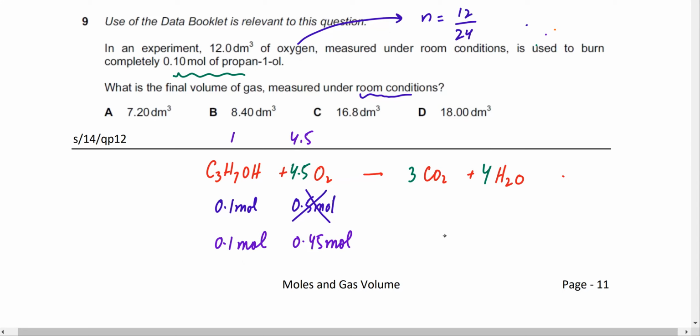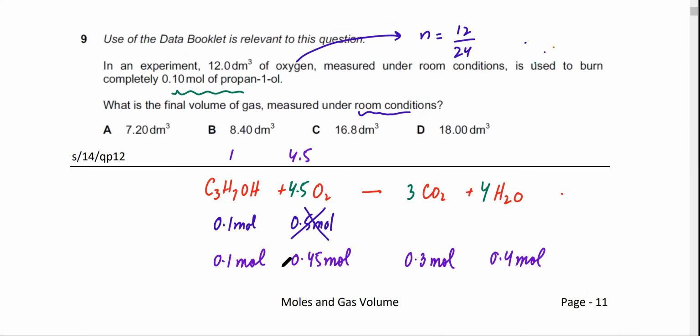And according to this ratio, 0.3 moles of carbon dioxide are going to be produced. And you're going to have 0.4 moles of water molecules produced. So you find the moles, you use the limiting reactant, you find the moles of everything in the equation.